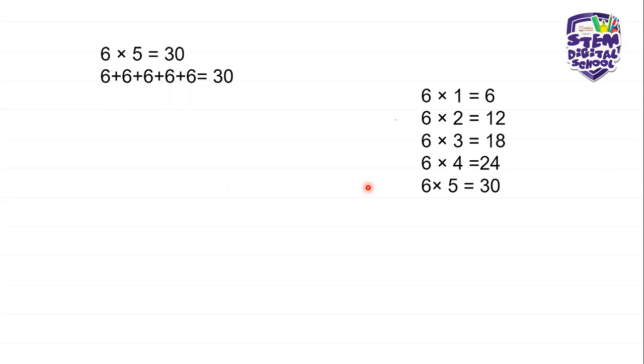So if I'm multiplying, guys, I'm getting a multiple of a number. So even if you're asked, say you've just multiplied 30 times 10 and you got an answer, is your answer a multiple of 30?